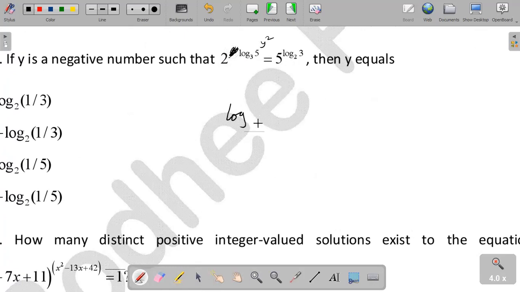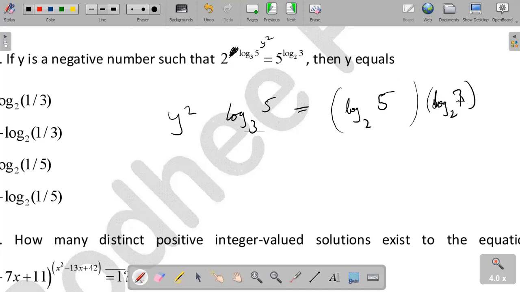So I would get log 3, 5 and y square. Then if I take log 2 here, that is log 2, 5 and the power of 5 log 2 by 3. Okay, so I would get this and log 2, 3 multiply, completely fine.